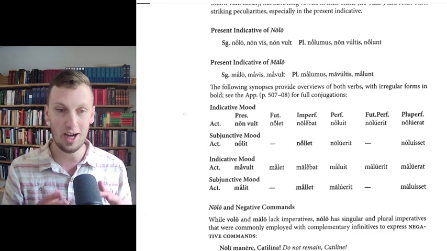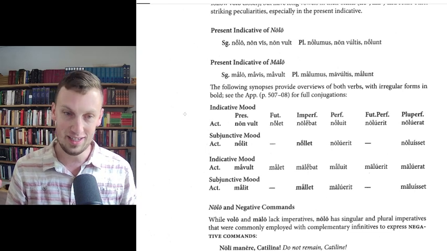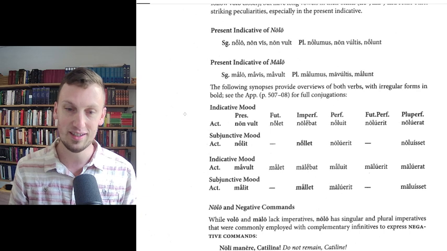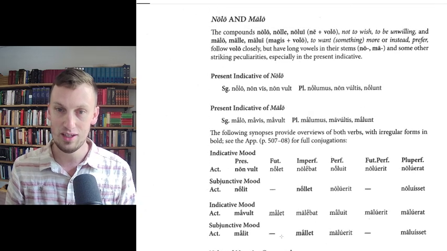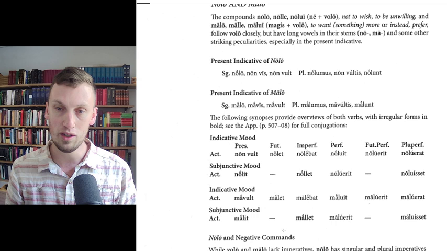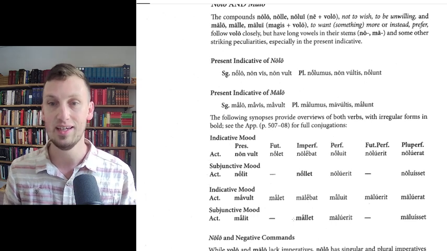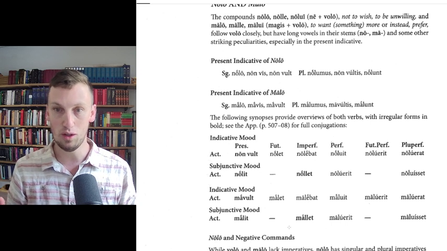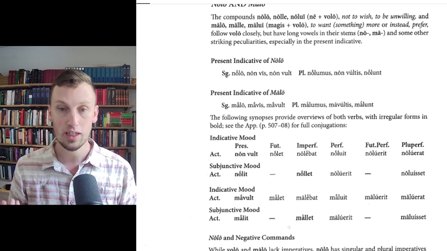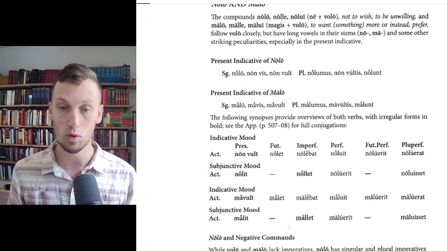They don't say non volo, they say nolo. They shorten it, contract it, I suppose, into nolo. Nolo, non vis, non vult. Likewise, they don't say magis volo, I want something more. They say malo. Malo, mavis, mavult.